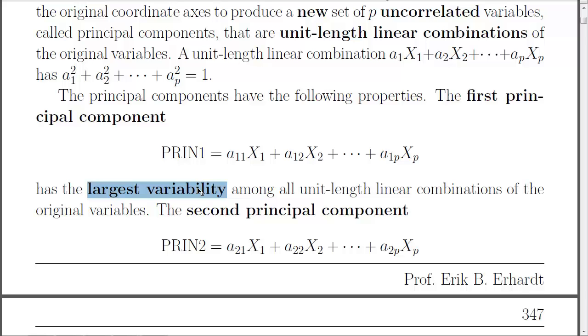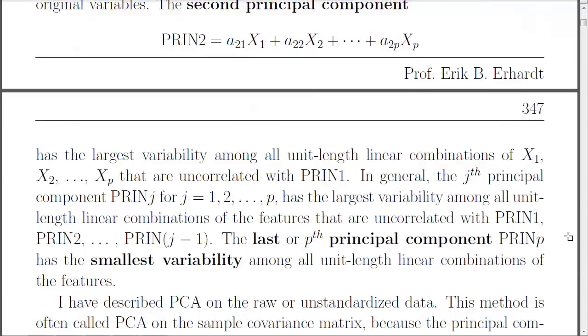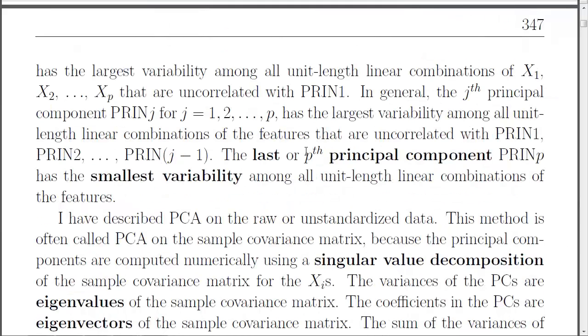The second principal component has the second most variability, and all the way down to the pth principal component, which has the direction of smallest variation in the data.